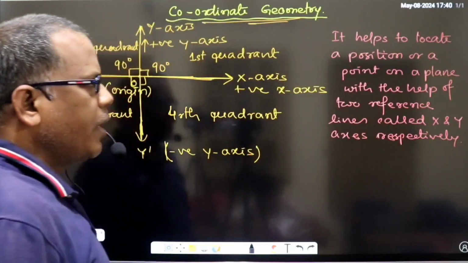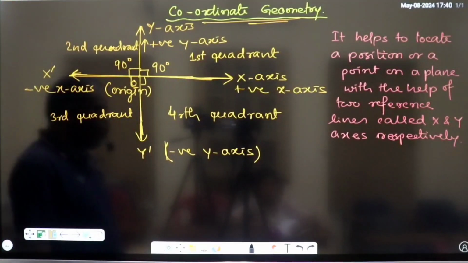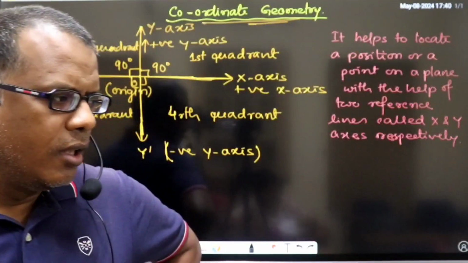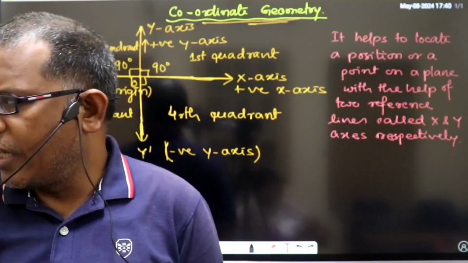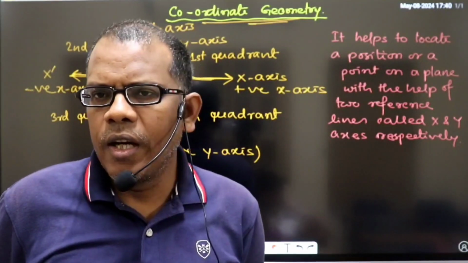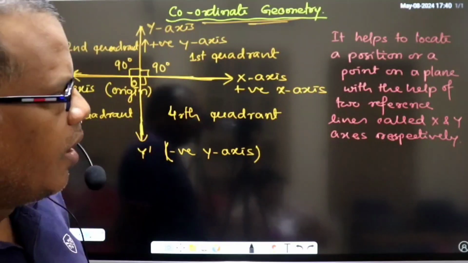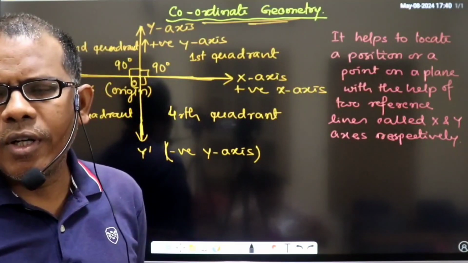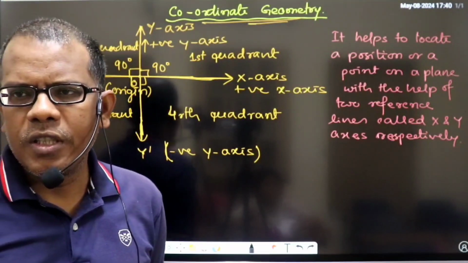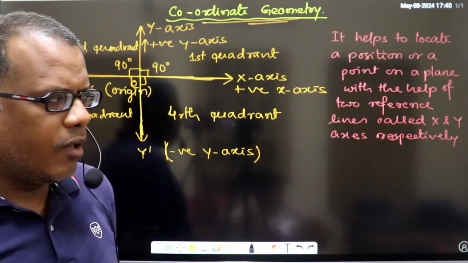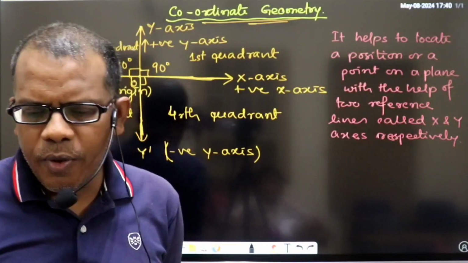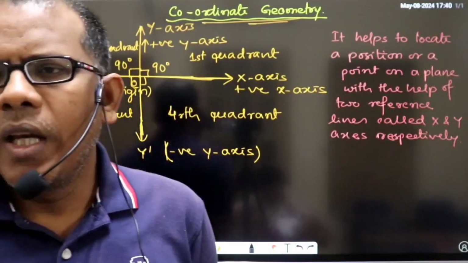Basically, in coordinate geometry, we locate a position or a point, and to locate a point we need to use a reference line. Likewise, while writing our postal address, when we want to locate our residential position or office location, we always take the help of a few reference terms.